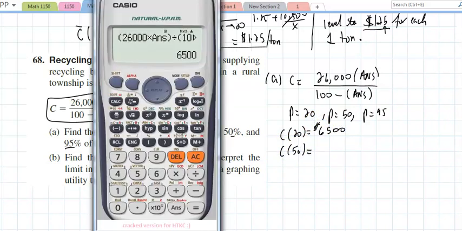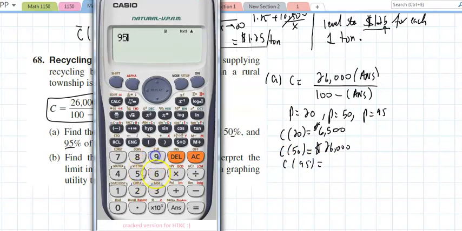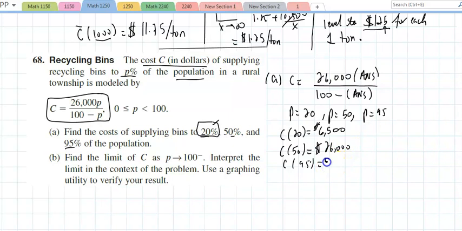Well, all you have to do now is put 50 in. $26,000. What if I want to go for 95%? $49,400.